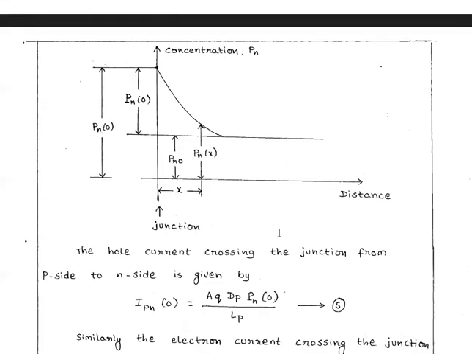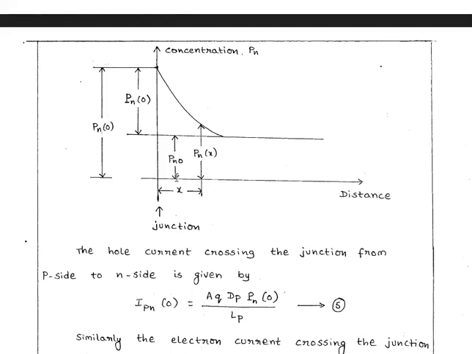If you watch the concentration of Pn in the PN junction diode, particularly considering the junction, in the p-type material we have a high hole concentration. In the n-type material I have a low hole concentration, so the concentration decreases based on the distance we are considering.